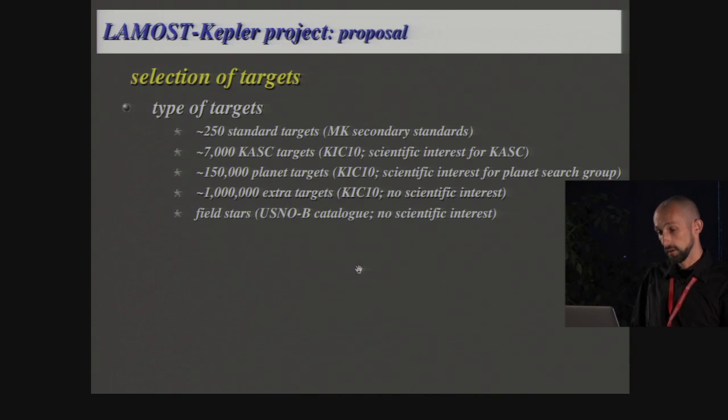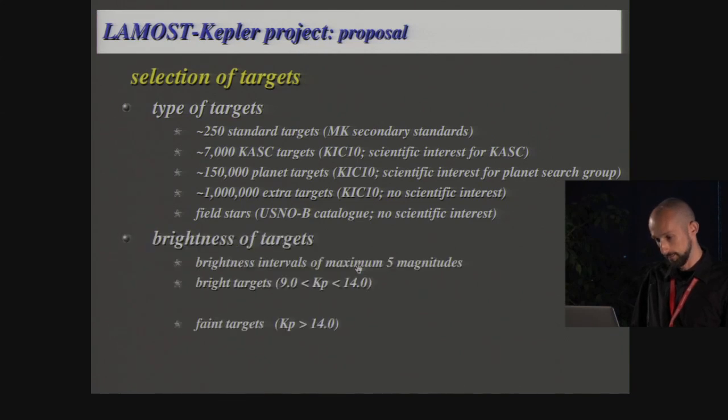We added another 150,000 stars that were interesting for the planet search group, and on top of that, we also added other stars from the KIC catalogue, which don't have specific scientific interest to us, but we can determine the parameters anyway. And to make sure that most of the fibers are really filled, we also needed to add other field stars, which are not necessarily in the KIC catalogue.